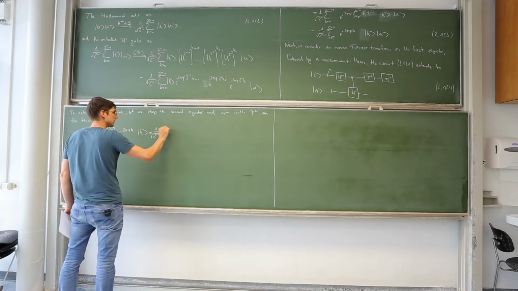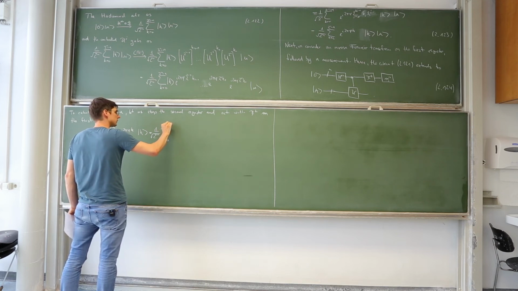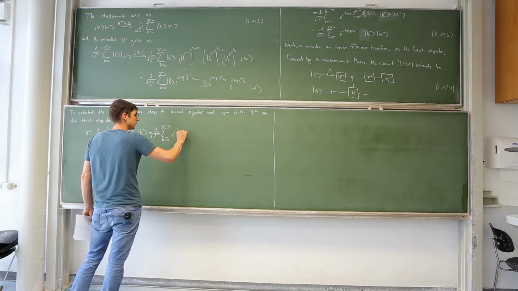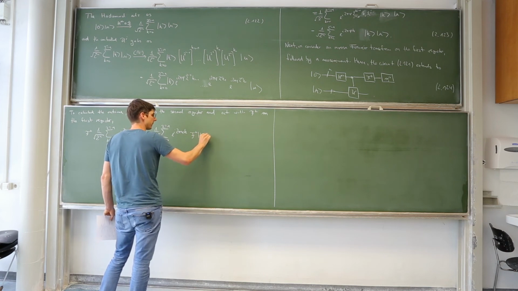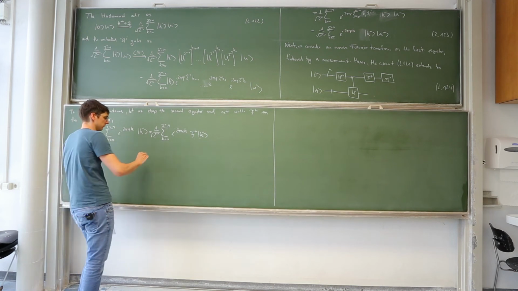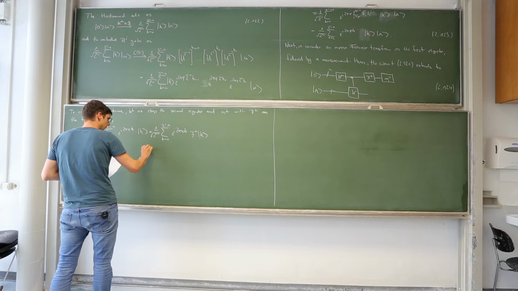Let us calculate this now. So this is a linear operator, so we can write this in this way. And now we know what F dagger |k> is. I think it was equation 288.